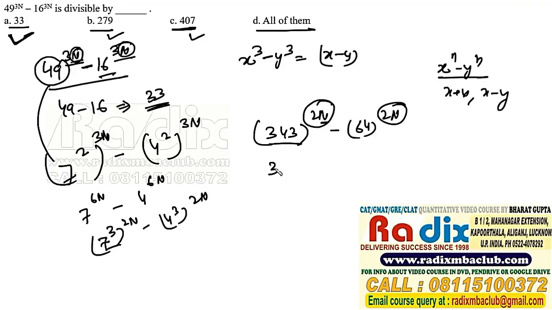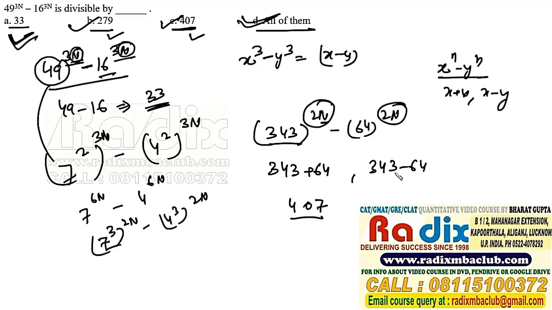So this number is divisible by 343 plus 64 and 343 minus 64. This is 407 and 279. Now if two options are possible, then the third will also be there, and the answer would be D. So all of them is the answer.